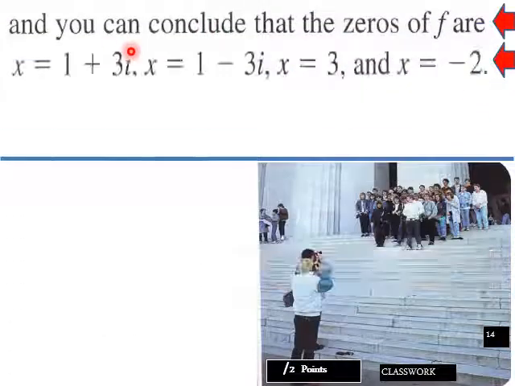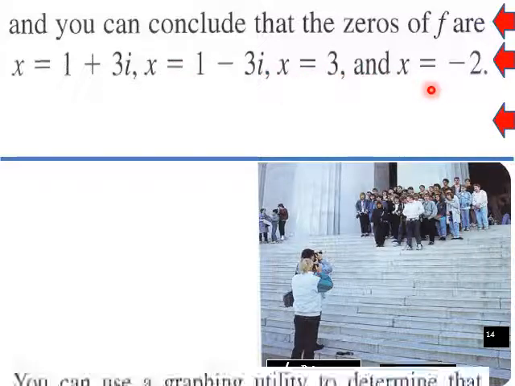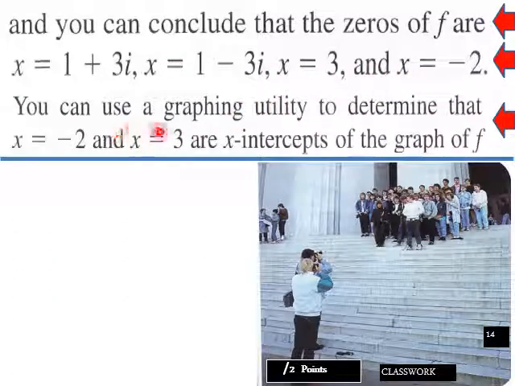You can conclude that the zeros of f are x equals 1 plus 3i, x equals 1 minus 3i, x equals 3, and x equals negative 2. And then you can use a graphing utility to determine that negative 2 and 3 are x-intercepts of the graph of f. You can check that on your graphing calculator with the original fourth degree polynomial.